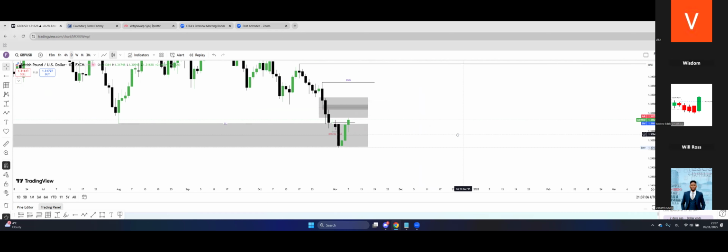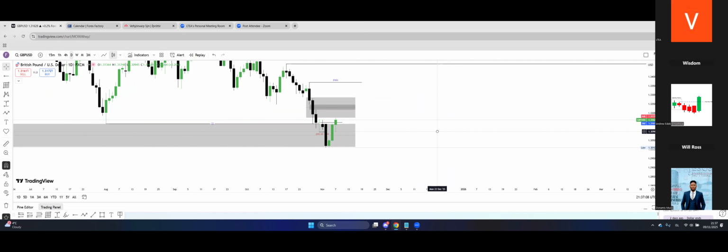But now the next question is, how high can it go before it will find equilibrium? We have inefficiencies, we have multiple liquidities, all these highs are liquidity, and we have inefficiency.